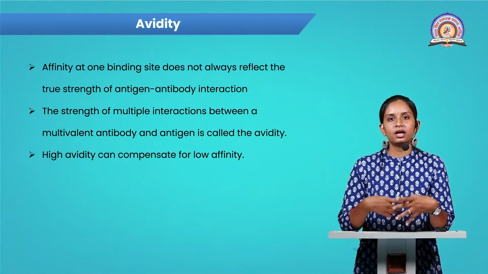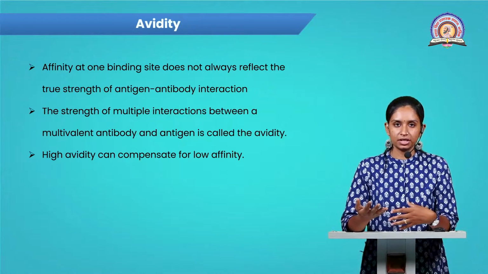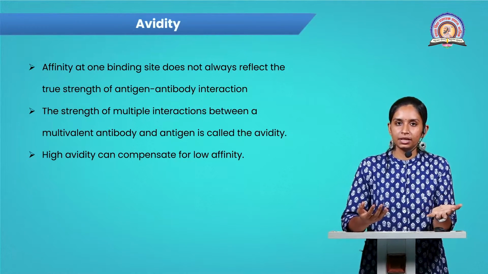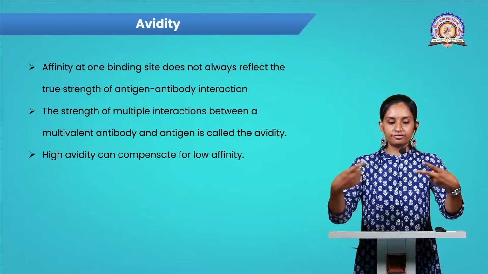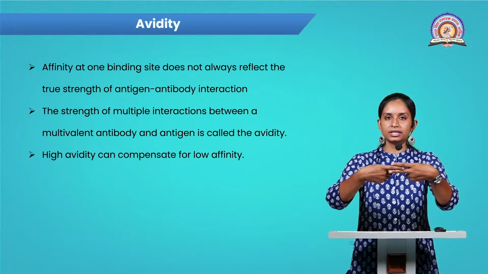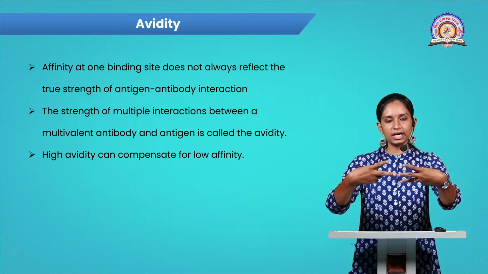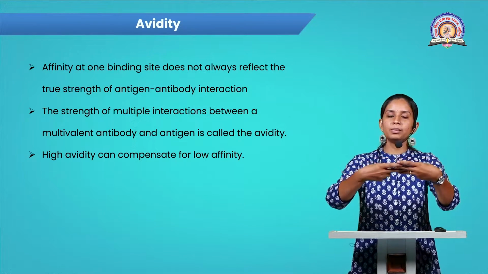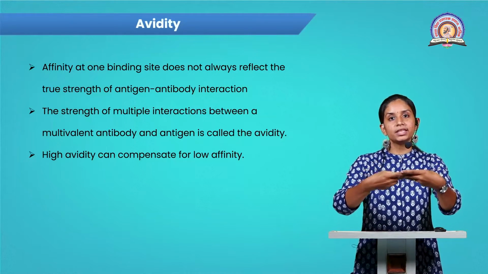But when there are multiple epitopes present on the antigen and multiple antigen binding sites present on the antibody, then what will happen? When the first bond is forming, then the second epitope and second antigen binding site are coming closer to each other, and due to that the probability of their attachment is increasing.